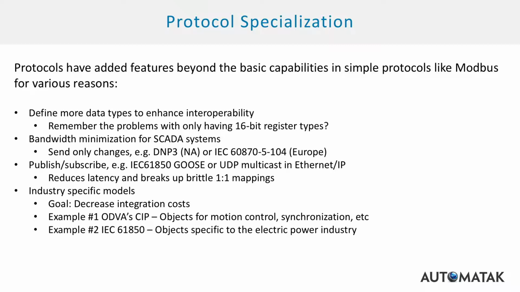Good examples of these would be ODVA's CIP. They actually have concepts in there for things like motion control and synchronization, things you might really care about if you're a manufacturing plant. And then over in electric power, there's the IEC 61850 series of standards, and they have these huge, rich models that describe things in electric power. You might have a node that says, here's 3-phase current and voltage for current and voltage transducers, something specific to that industry.